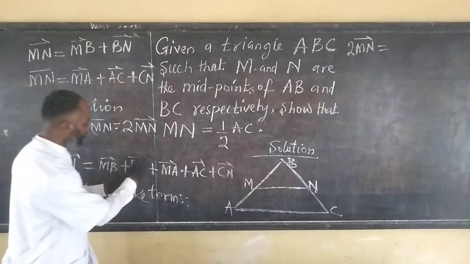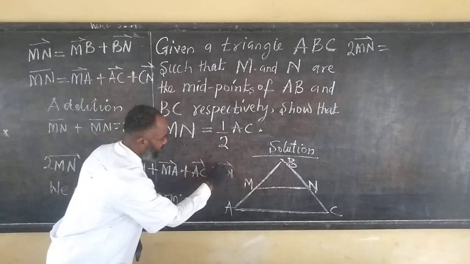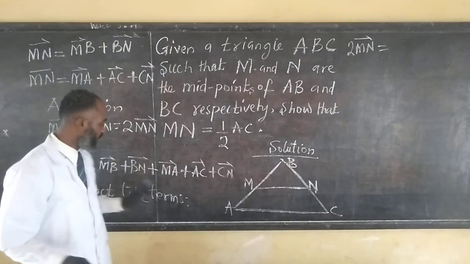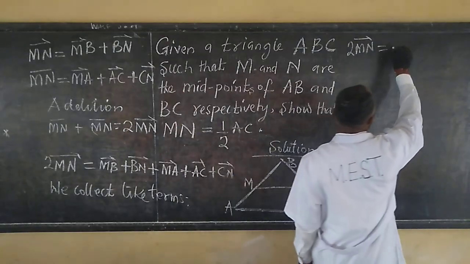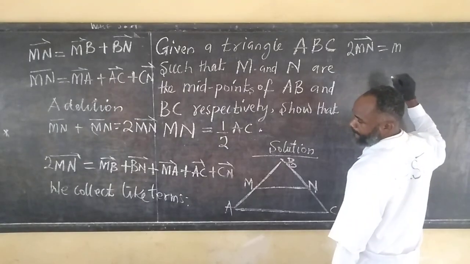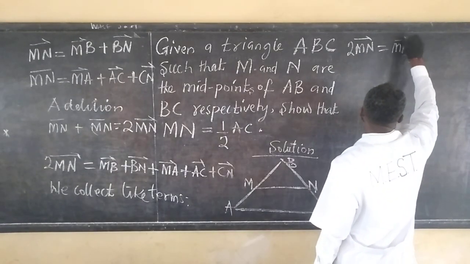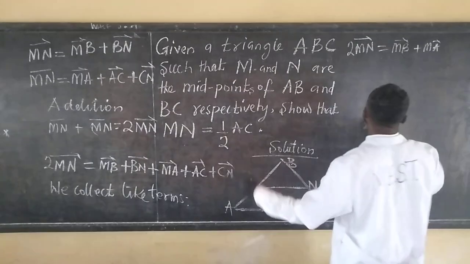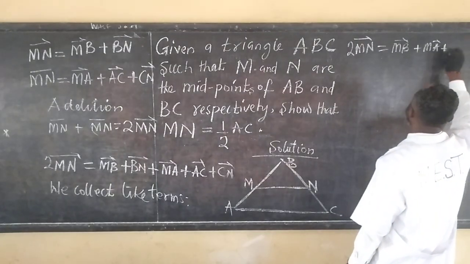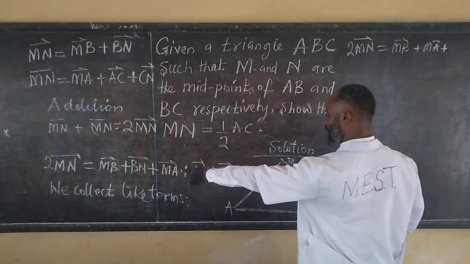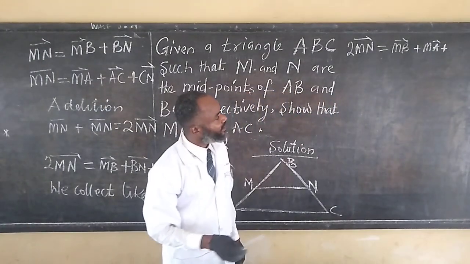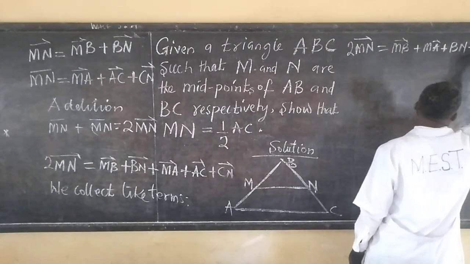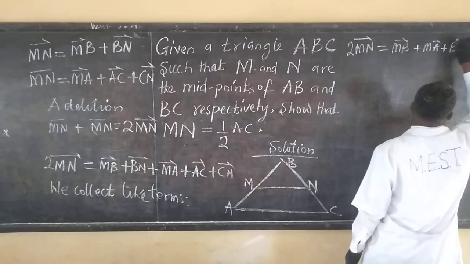Also BN we combine with CN because they are like. Only AC is left alone.